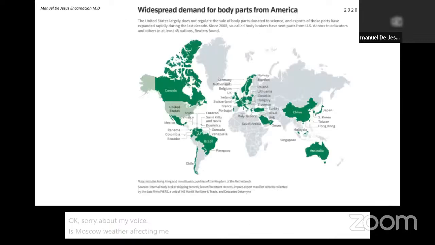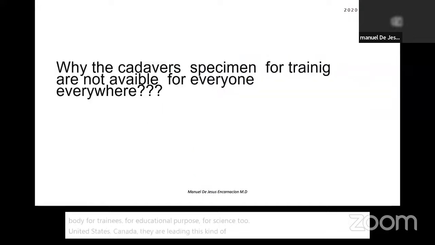So, as you can see, in a lot of countries all over the world, we have this kind of companies they call body brokers. It's totally legal. They sell a part of the human body for trainees, for educational purpose, for science too. United States, Canada, they are leading this kind of companies.